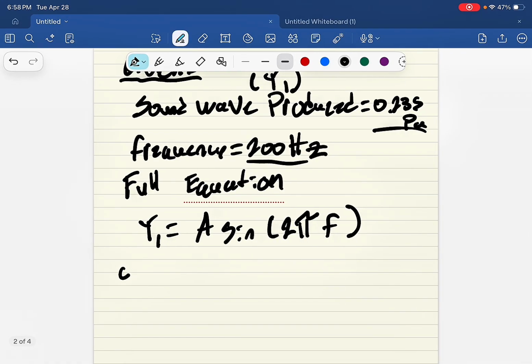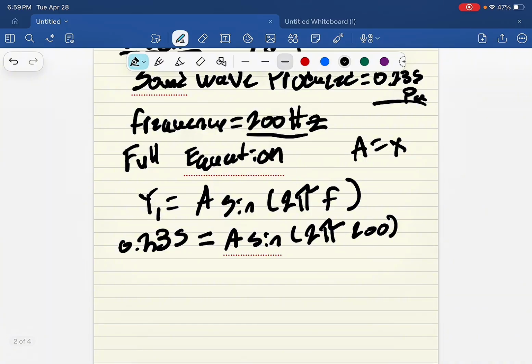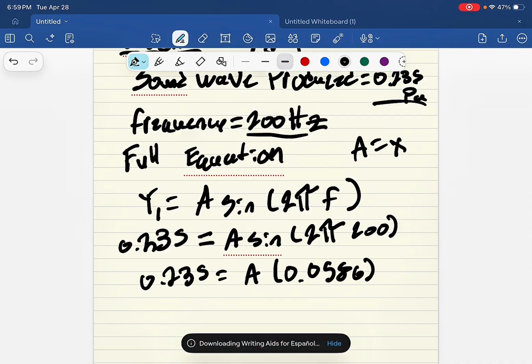So our y1, 0.235, equals our amplitude, which we need to find, times sine of 2 pi times 200. The first thing we have to do is work out sine of 2 pi times 200. When we do that, we get A times 0.0586.